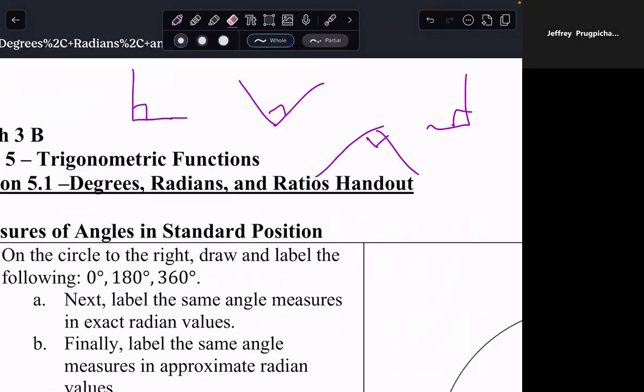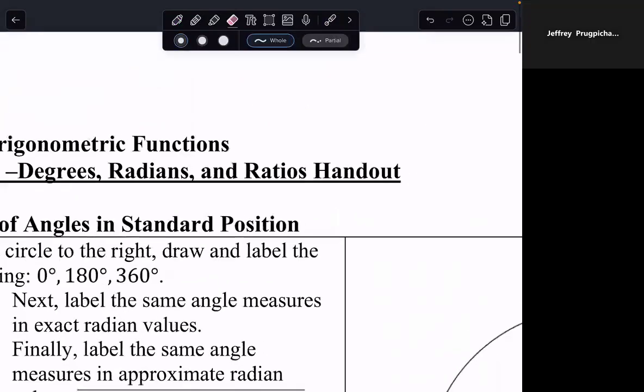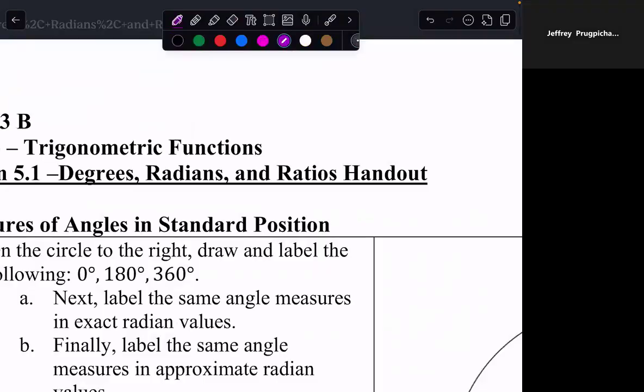So in order to let us refer to the same thing, we can put angles in what's called standard position. Why don't we just go ahead and quickly define that up here.